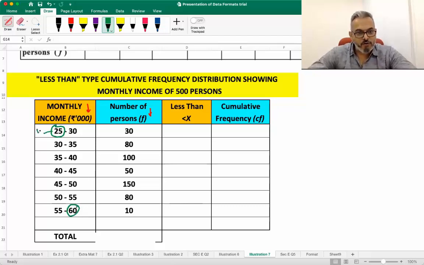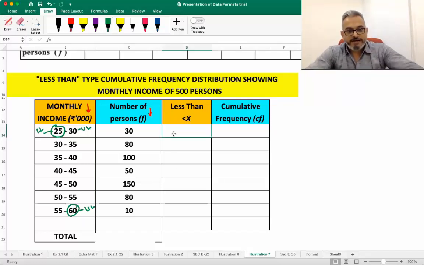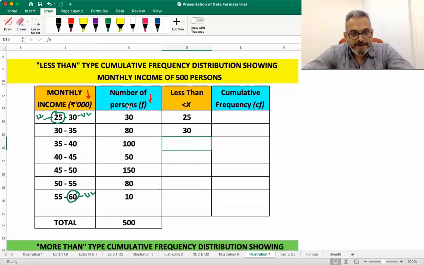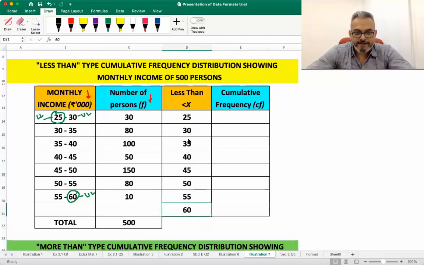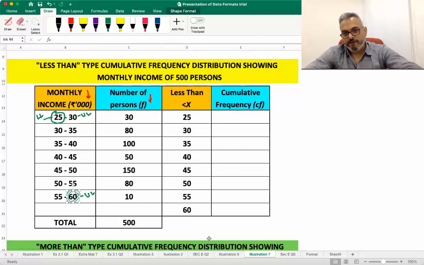So you start writing from 25, then 30, 35, 40, 45, 50, 55, and then 60. Don't forget the 60. That's the first step.